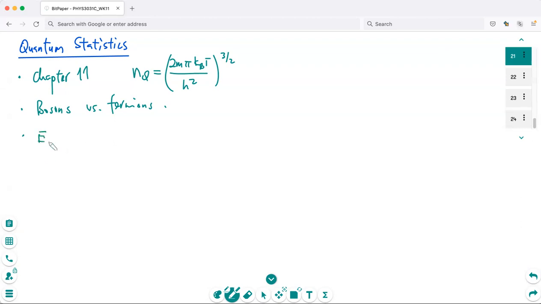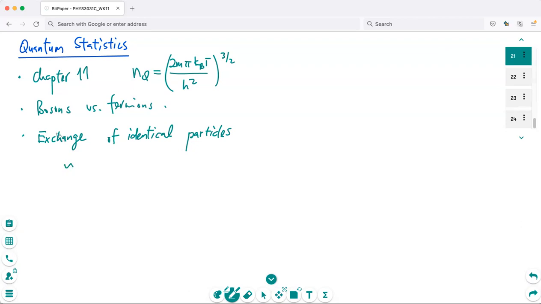So we want to really focus on the exchange of identical particles. Okay, this is a very tricky problem, but we can reduce it. We can start by looking at a simple case.